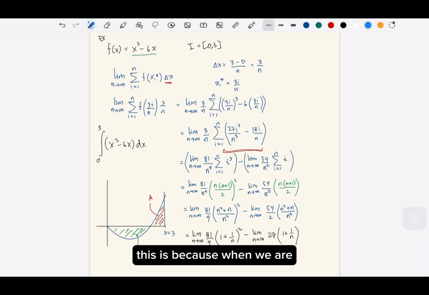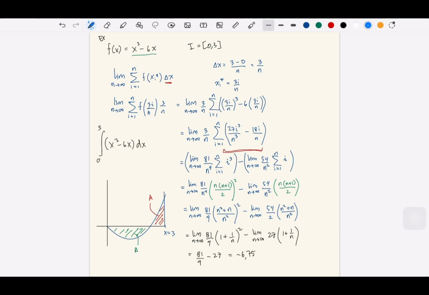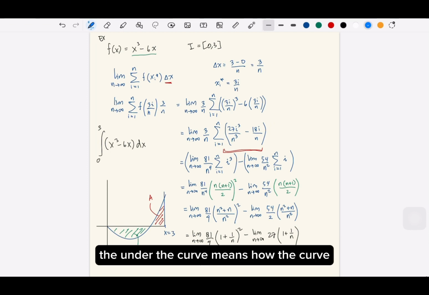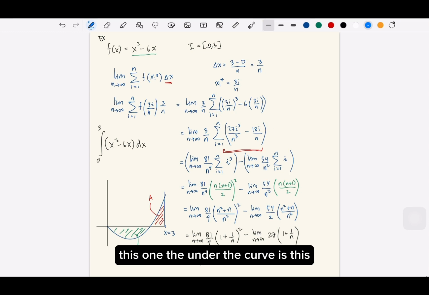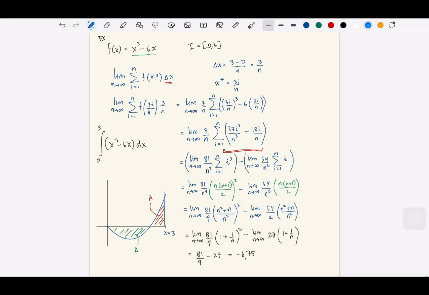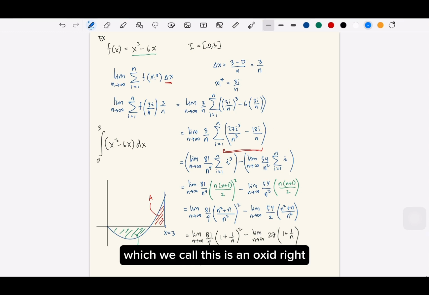This is because when we are taking the area under the curve, like in this one here, under the curve means how the curve relates to the axis. For example, this one, the area under the curve is this, which is positive, right?